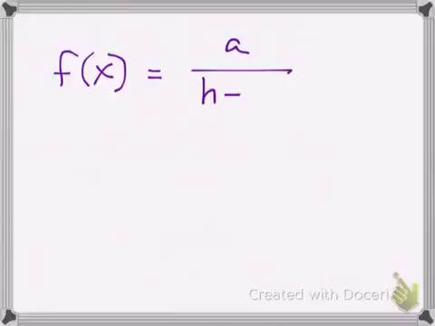You ready? The formula is f of x equals a over x minus h, plus k. Why don't we use B and C? Well, this is called, loosely, a vertex form of this.